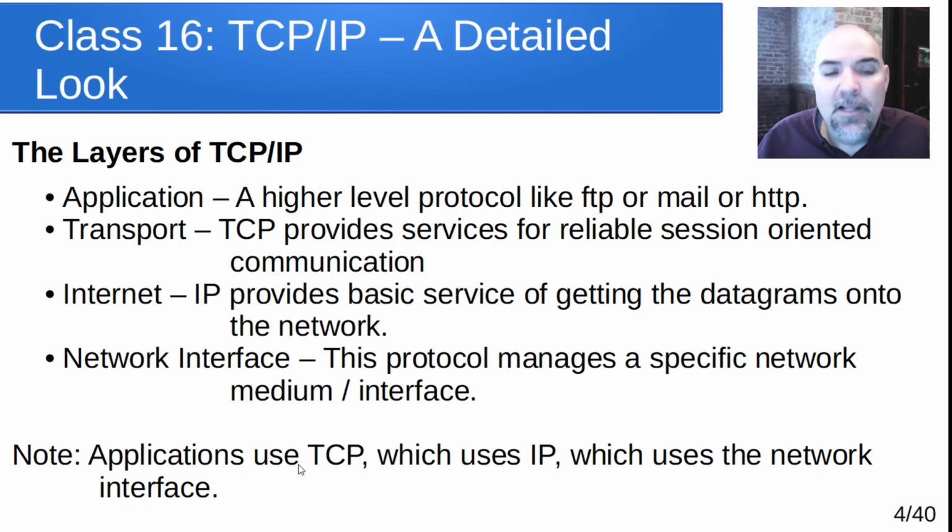But below that, we have the transport layer, which is the TCP layer. And that's where the TCP part of TCP/IP lives. And that provides services for reliable session-oriented communication, meaning you open a connection, you send the data. If it says it's sent, you're guaranteed that it was sent, guaranteed that it was received on the other end. And when you're done, you close the connection.